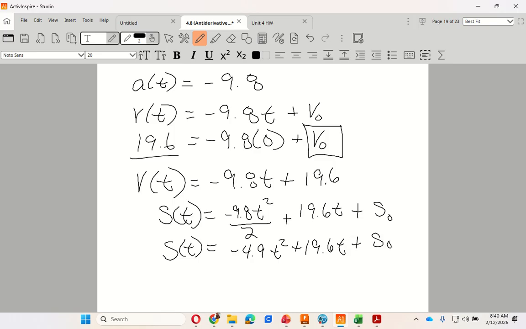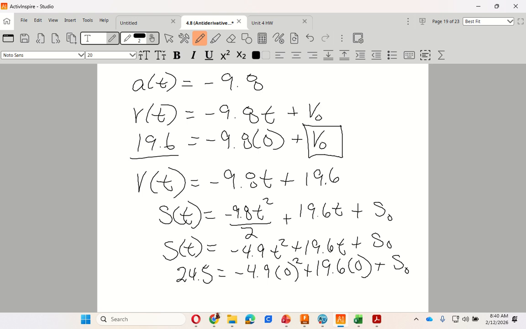So if I were to plug in zeros, this over here would be 24.5 equal to negative 4.9 times 0 squared plus 19.6 times 0 plus s sub naught. Again, if I'm not given the initial position, but I'm given the position at a certain time, I could plug that in and solve for what that would be.